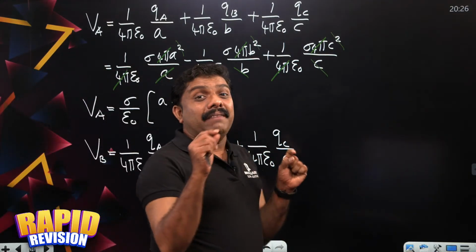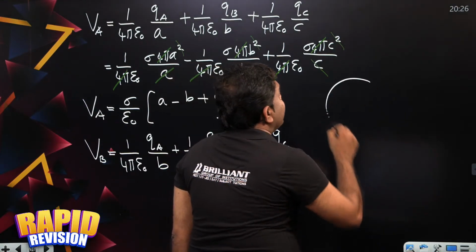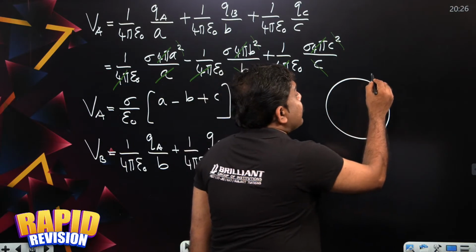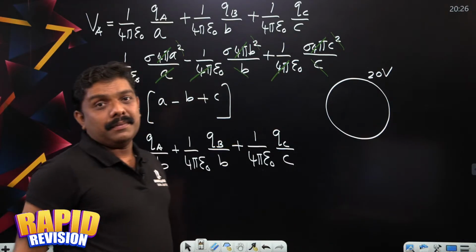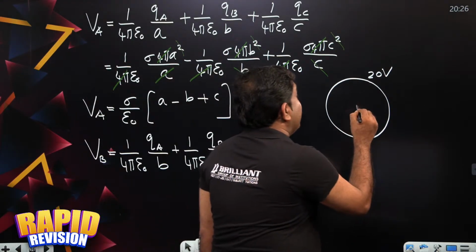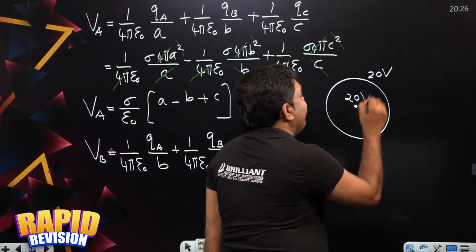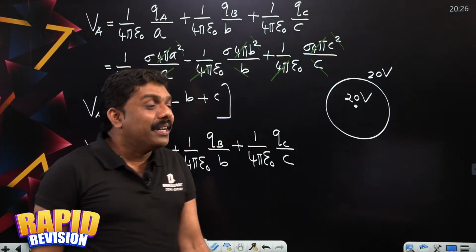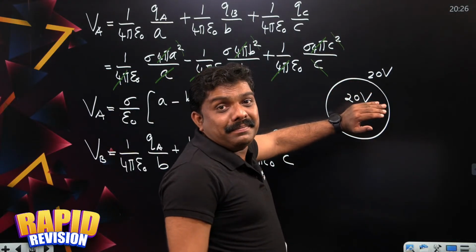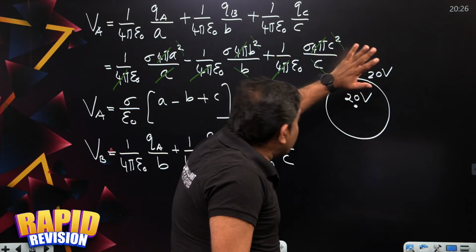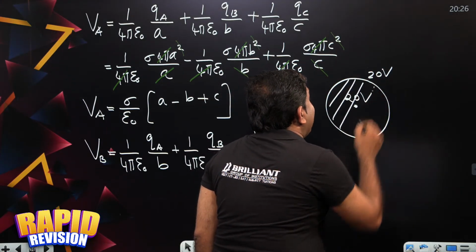Dear, we studied a very important point in potential. If this is a shell, and on the surface of the shell the potential is 20 volt, what is the potential at the center of the shell? That is also 20 volt. Why? Because potential remains the same everywhere throughout the conductor.